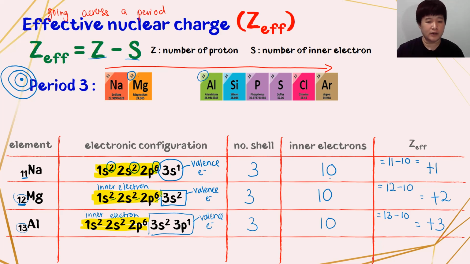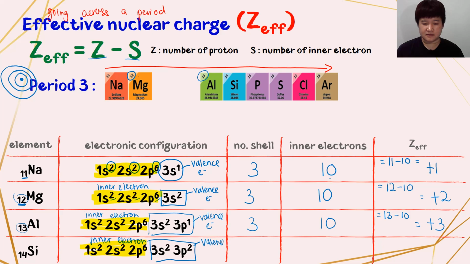Last but not least, one more element in period 3, silicon. So this is your electronic configuration and this is your inner electron. Why? Because this is what we call the valence electron. And the number of shells again remains 3. The highest principal quantum number, the highest n, is 3.